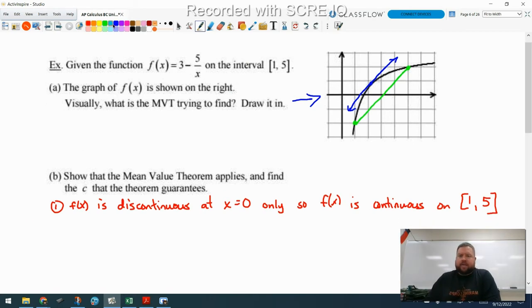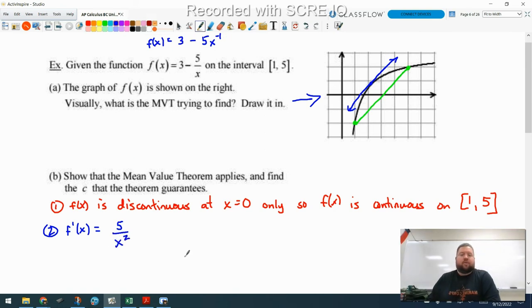All right, second, differentiable. So we're going to take the derivative of our function. F prime of x is equal to, derivative of 3 is 0, and then remember that you can rewrite this. I'm going to rewrite the whole function up here. F of x is equal to 3 minus 5x to the negative 1 power. So we're going to multiply by negative 1, we're going to get positive 5. And then this becomes x to the negative 2 as we subtract 1, and that's going to go back down on the bottom.